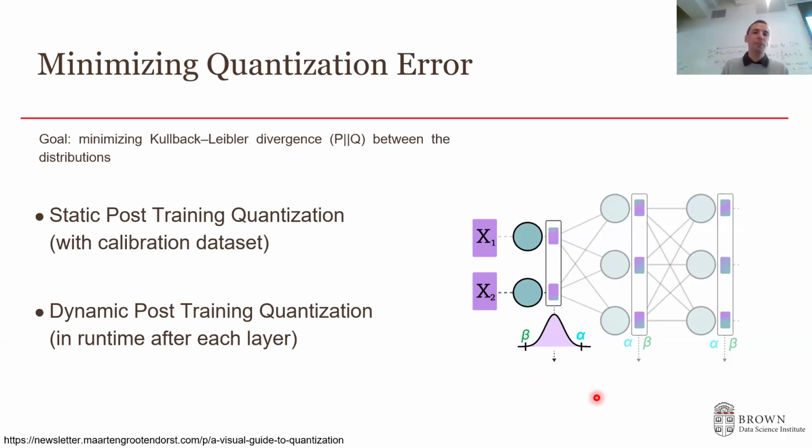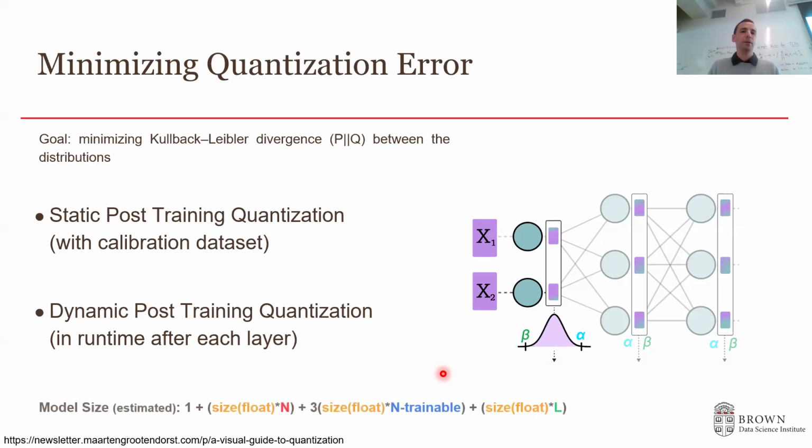So this is an example of what I said at the beginning, of a technique that will reduce memory, but it will increase latency because we now have another action to do within every layer to quantize at runtime. So it's a trade-off, right? So if you go back to our formula, now we're going to influence or reduce the float size, right? And by that, reducing the total model size.